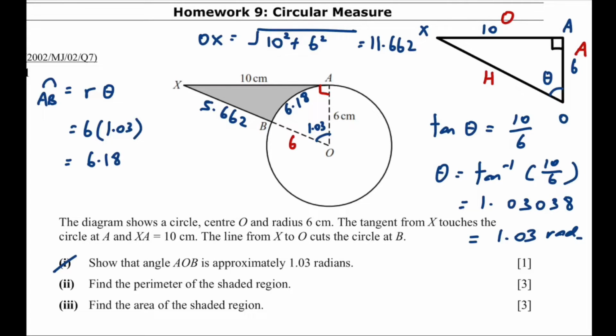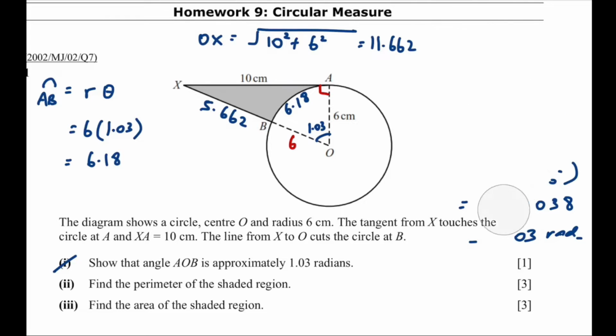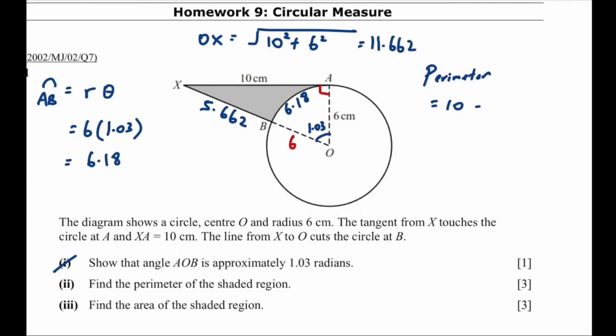So the perimeter of the shaded region would be 10 plus 6.18, the arc, and also XB.